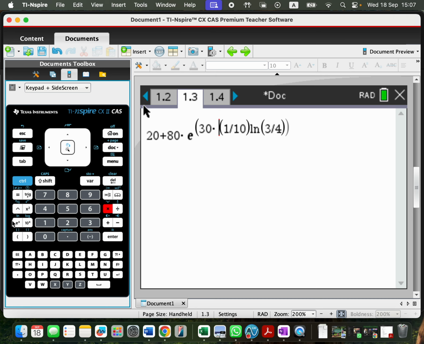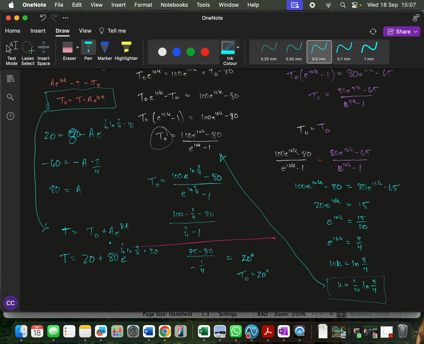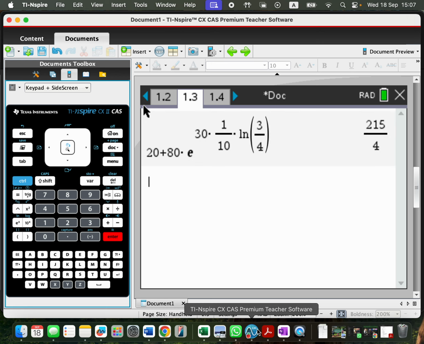I can do this because I'm a big boy. Let's see what's going to happen here. So about 53.75. I guess that makes a little bit of sense. I really hope that's right, and I hope that that makes sense to everyone. Good luck.